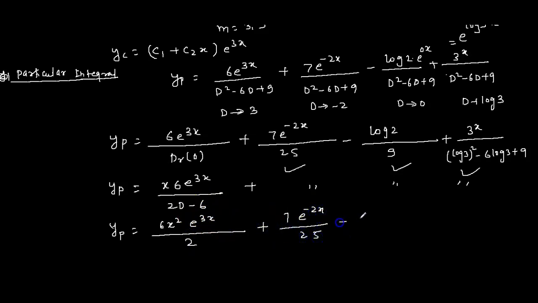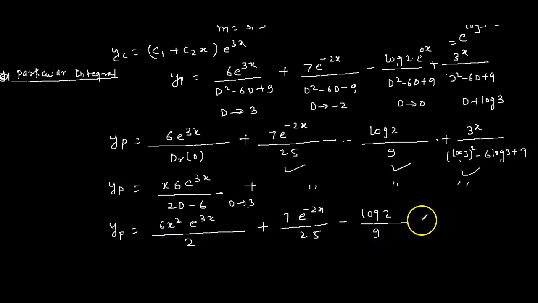How did you get 6x squared? This one, 6 as it is only. 6 is there in the question only, no? Yes, sir, but how did you get 6x squared? I told you the first time you have to multiply x. Again you replaced with 3, then you got 0 again. So one more time you have to multiply x.